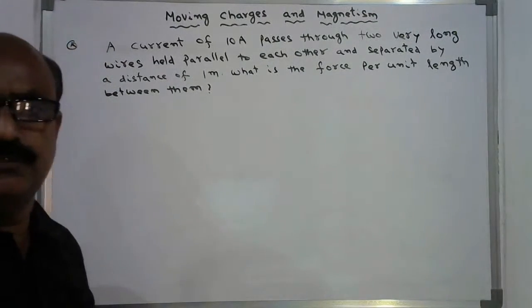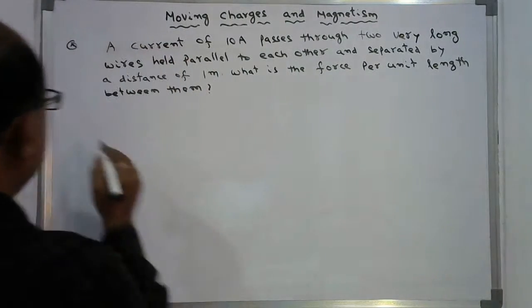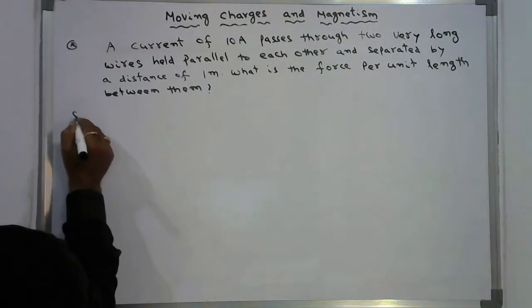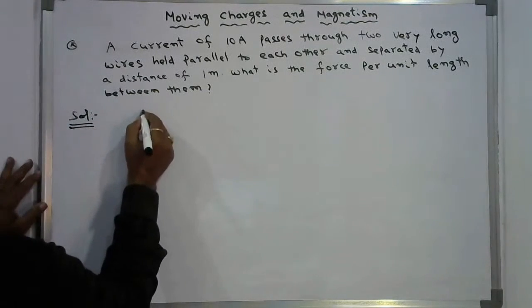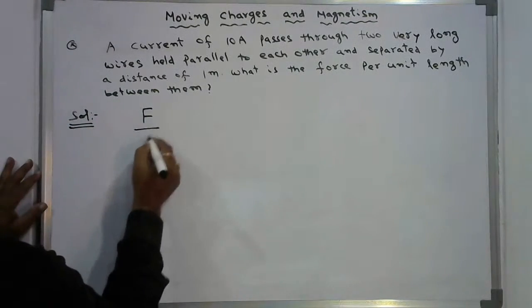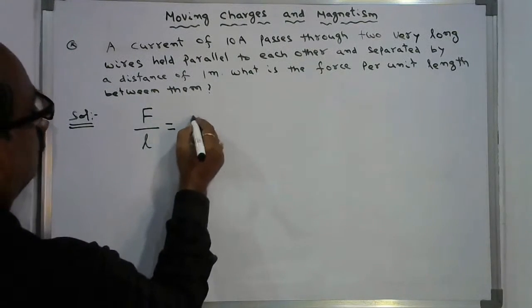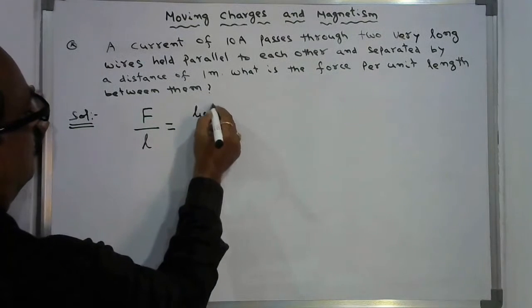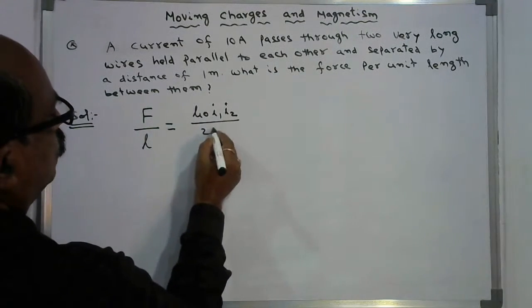For this, let us write the formula. Force per unit length between two parallel conductors is equal to mu naught I1 I2 by 2 pi r.